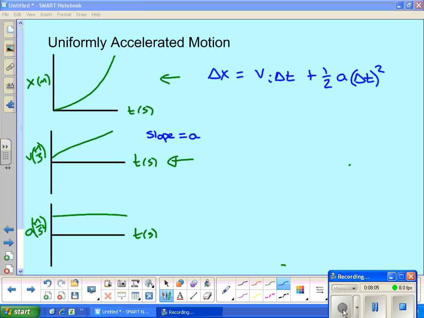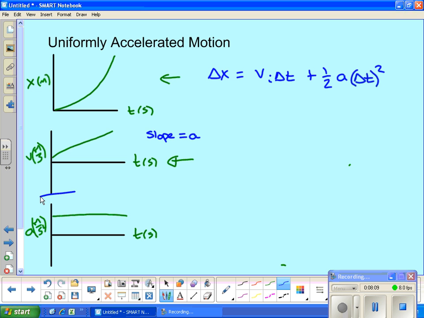Okay, and we have one more equation to find. We used the area of v versus t to find the displacement equation, the equation for that curve. Now we're going to find the equation for v versus t, just that line. And that's simple. It's y equals mx plus b. So y would be v. The b, the intercept, would be vi, our starting velocity.